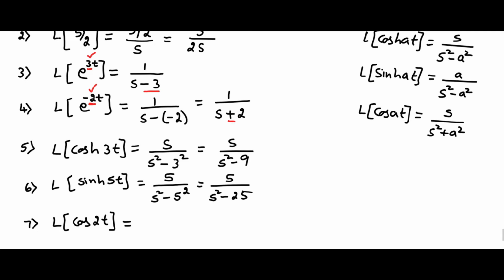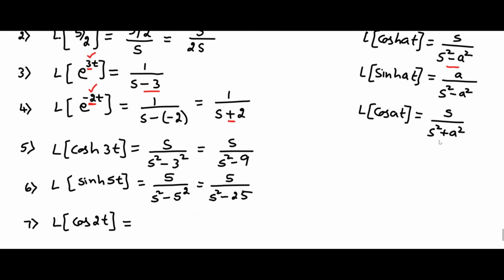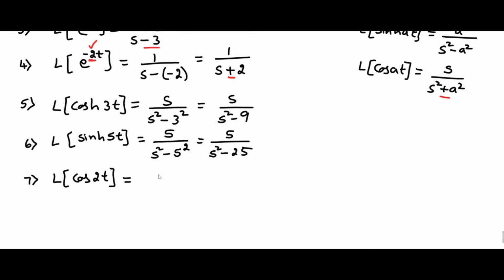The difference that you can find between the hyperbolic function and the trigonometric function is that you have a negative sign over here, whereas in this case you have a positive sign. So if I write down the solution in this case, I'll be getting s divided by s square plus, the a value is 2, so 2 square, which is nothing but s divided by s square plus 2 square, which is 4.